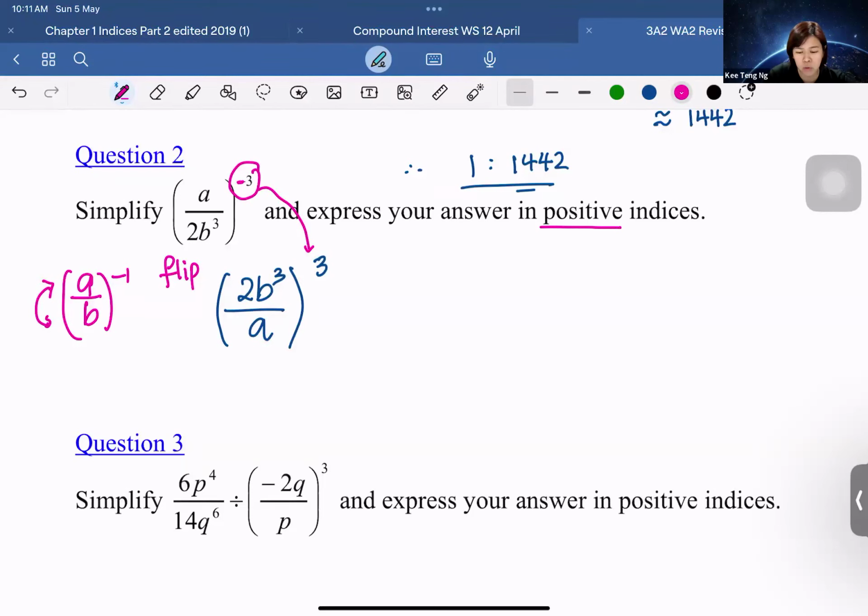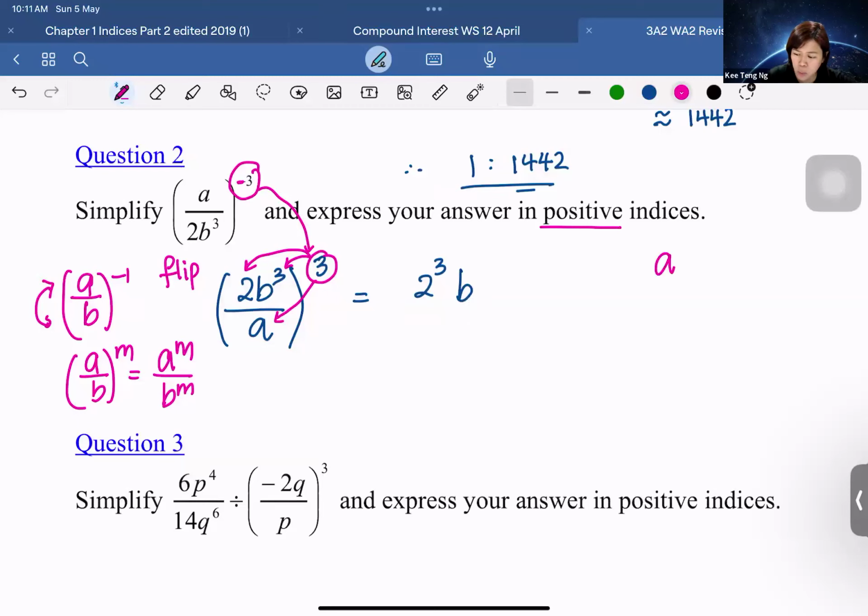But next, what we notice using the rule that A over B to the power of n, right? We need to apply the power to both the numerator and the denominator. So that means I actually need to apply this power 3 to everything, the 2, B, and A, right? So this one will become 2 to the power of 3, 2 cubed. B to the power, what is this?